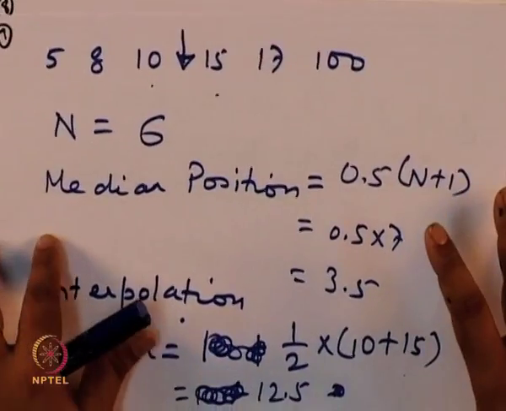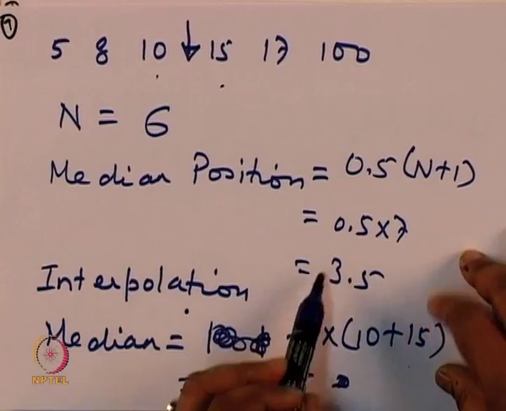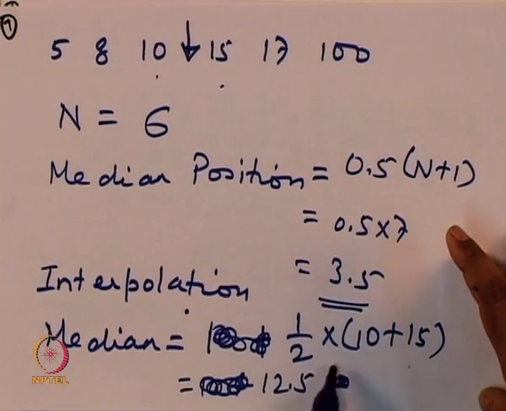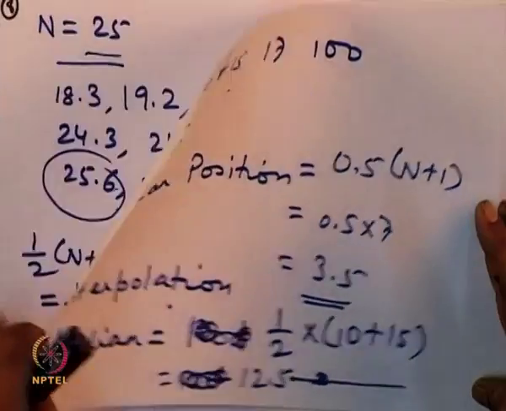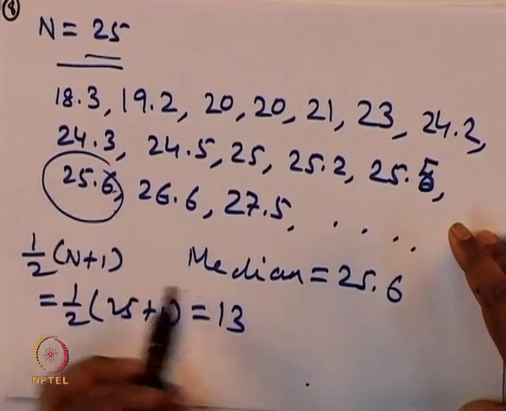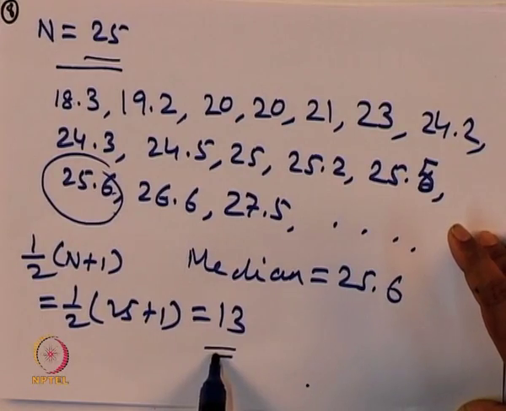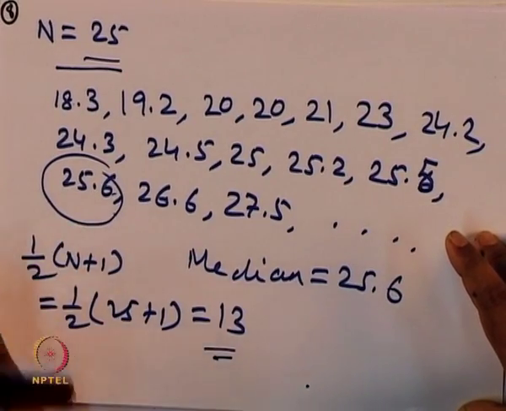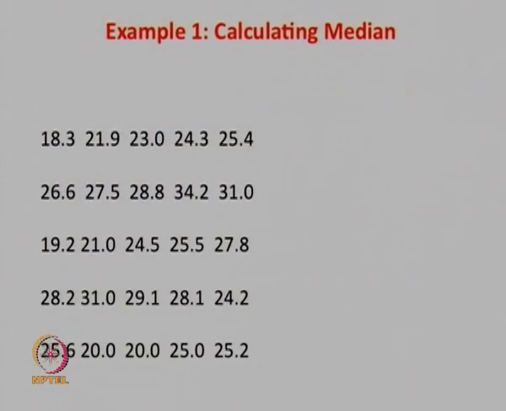In that case I had 6 observations, so my median position was 3.5, and I had to interpolate between the two numbers. But when n is odd, I can get the exact value because this is an exact position, so I can just collect the number at that position. There is one more metric which is often used.